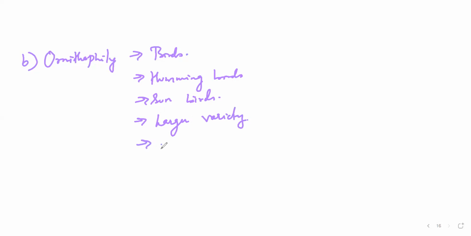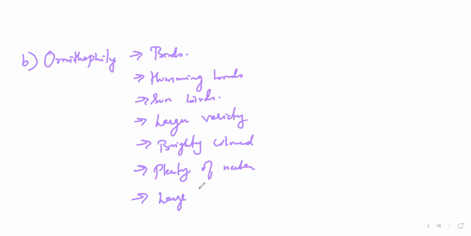Okay, plus it should be brightly colored, plenty of nectar they should produce, and the quantities of pollen should be large. So large quantities of pollen. If you consider a hummingbird, it will suck the nectar.